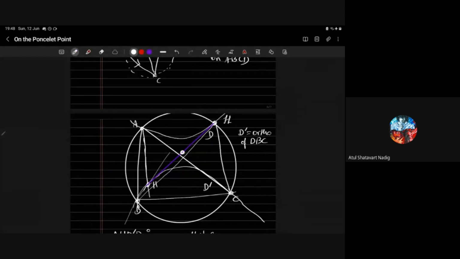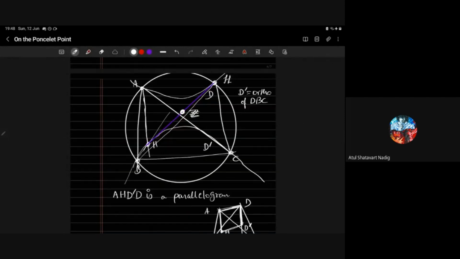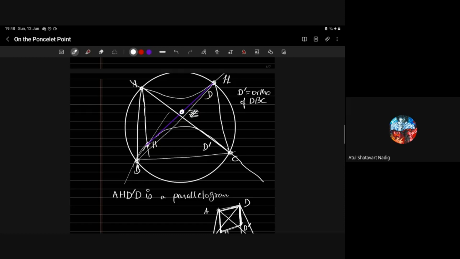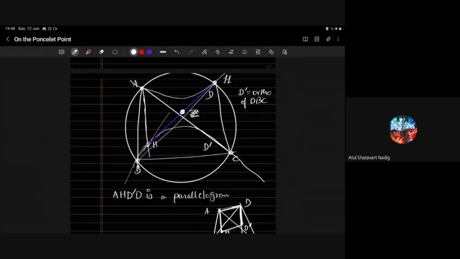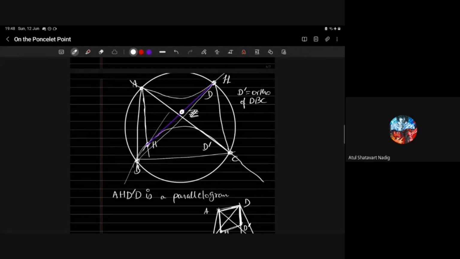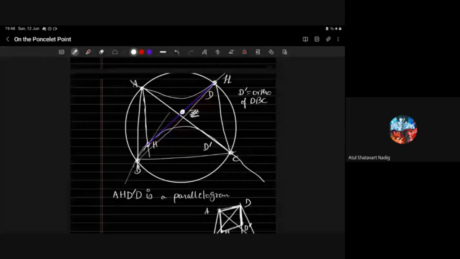Yeah, so let's call this Z. The center of the conic is the midpoint of DH. And the good thing is the midpoint of DH lies on the 9-point circle of ABC. That is because scaling the 9-point circle of ABC, centered at H with the ratio 2, will send it to the circumcircle of ABC.